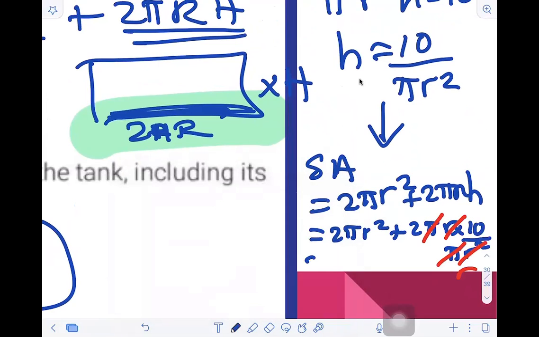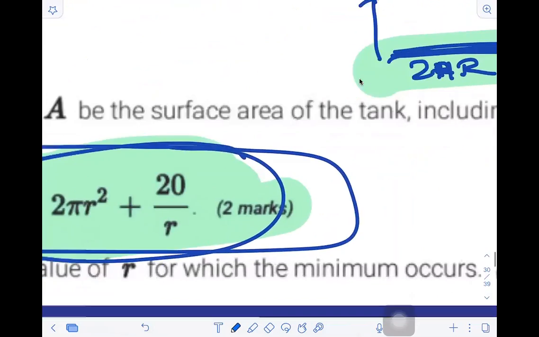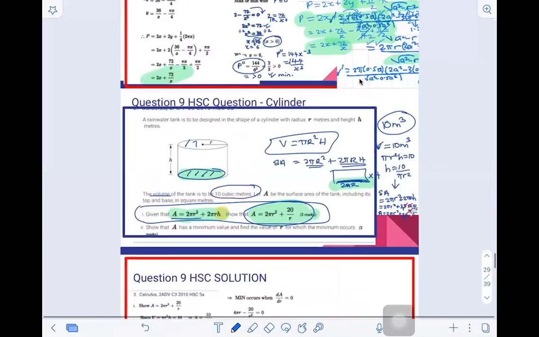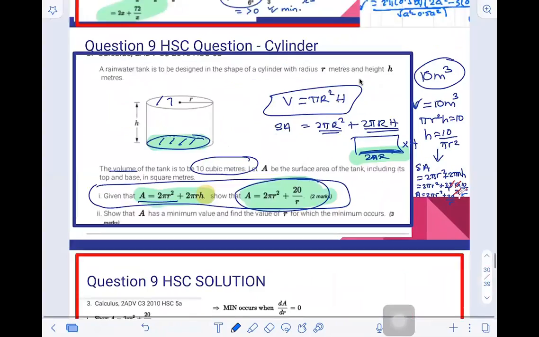Okay, so we end up with the surface area is 2 pi r squared plus the 2 times 10 is 20, and it'll just be on this r here when we cancel it out. So 2 pi r squared plus 20 on r. Yes, bingo, we've done it. So that basically gives you the formula.